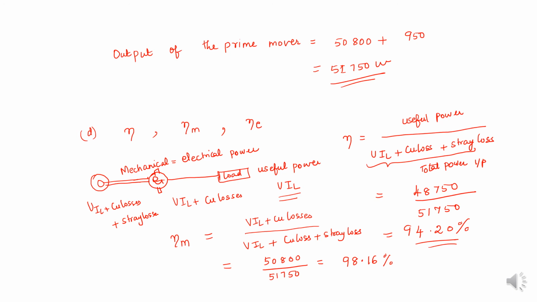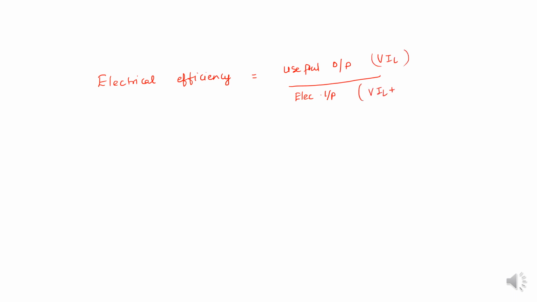And next I am going to find out the electrical efficiency. Electrical efficiency means the useful output power divided by the electrical input. The electrical input is VIL plus copper loss.